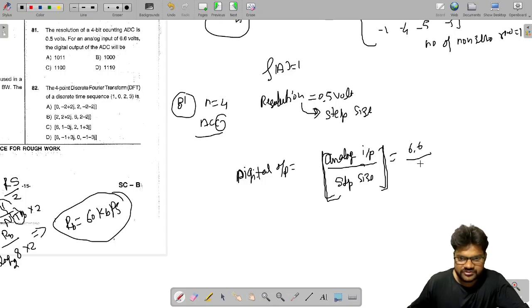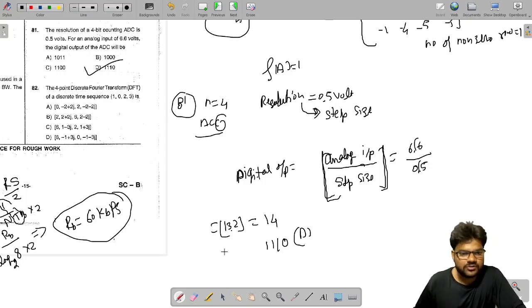So this is 6.6 by the step size, which is given as 0.5. So 6.6 by 0.5, if you find out, you will get 13.2, and the least integer of 13.2 is going to be 14, and in digital form you will write it as 1110. So the correct option will be D.